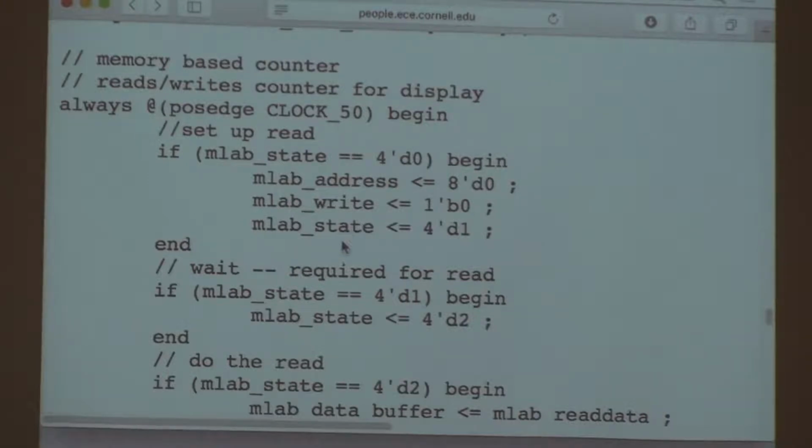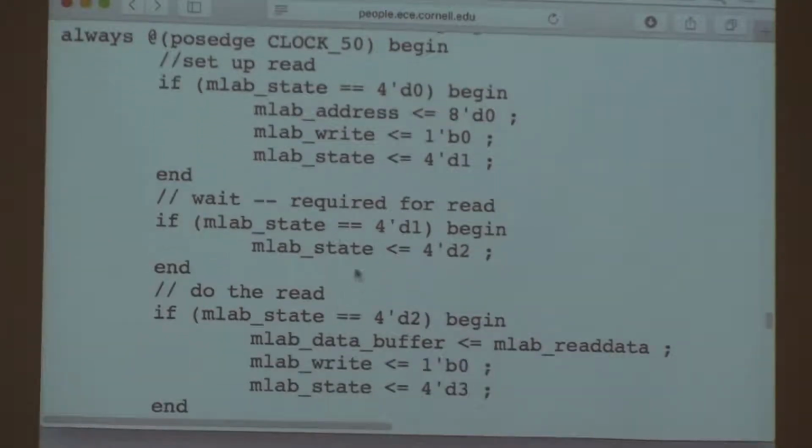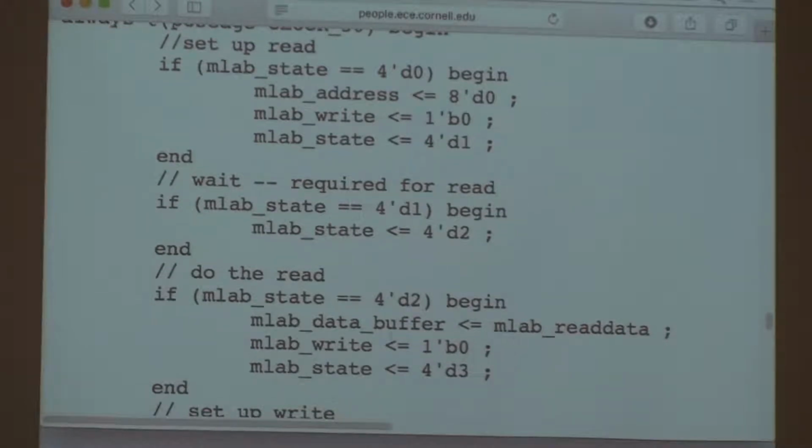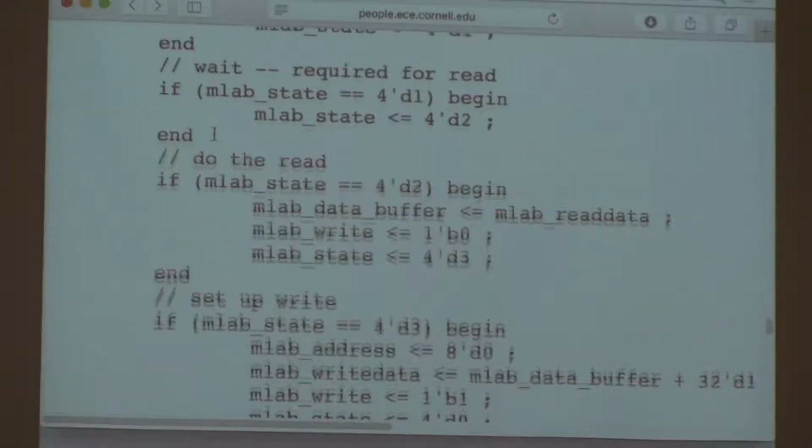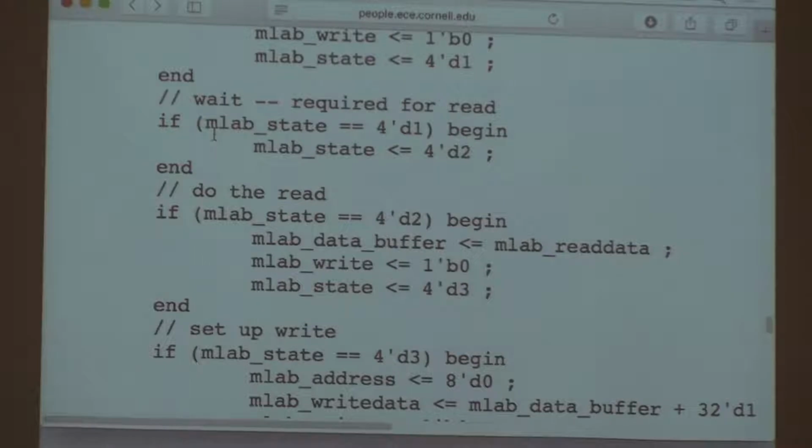Set up an address, wait one cycle for a total of 2 cycles, do the read to get the data out, and then do a write to write it back in with the data buffer plus 1. So the state machine works exactly like the documentation suggests. You set up a read address, you wait, you pause an extra cycle, you read back the data, you write the data, done.